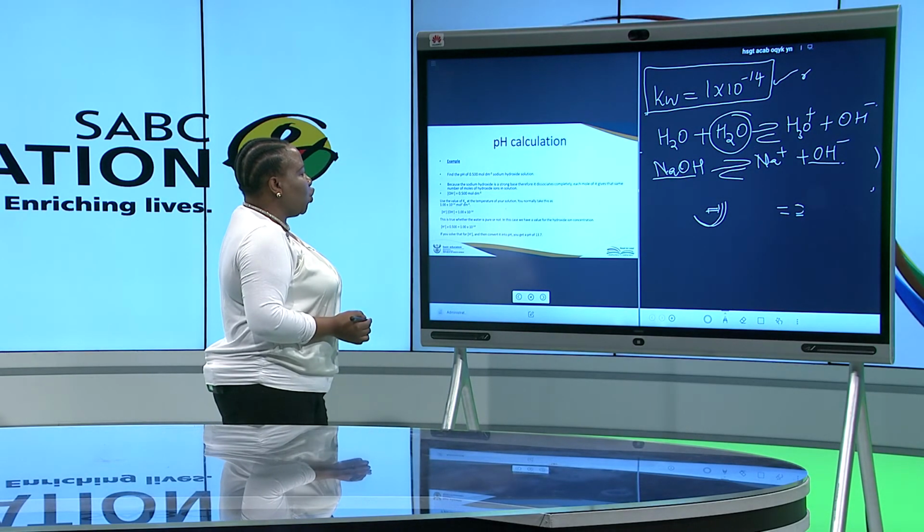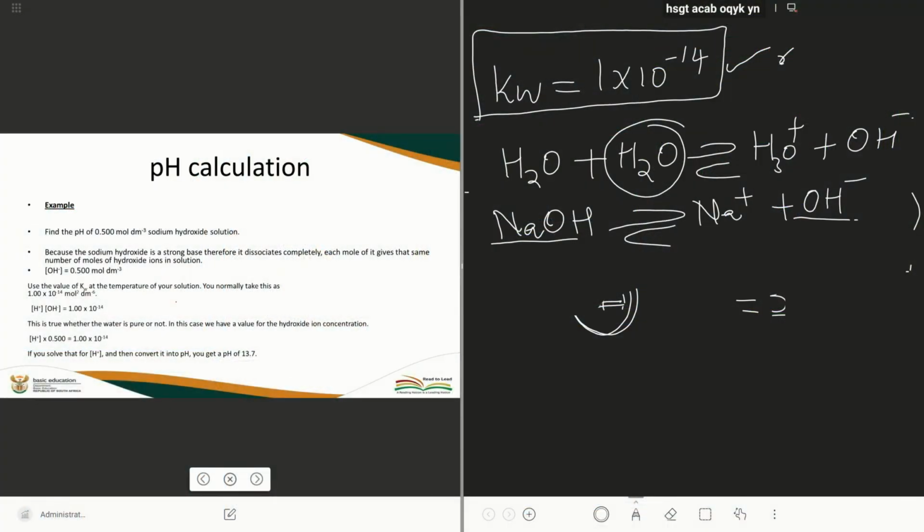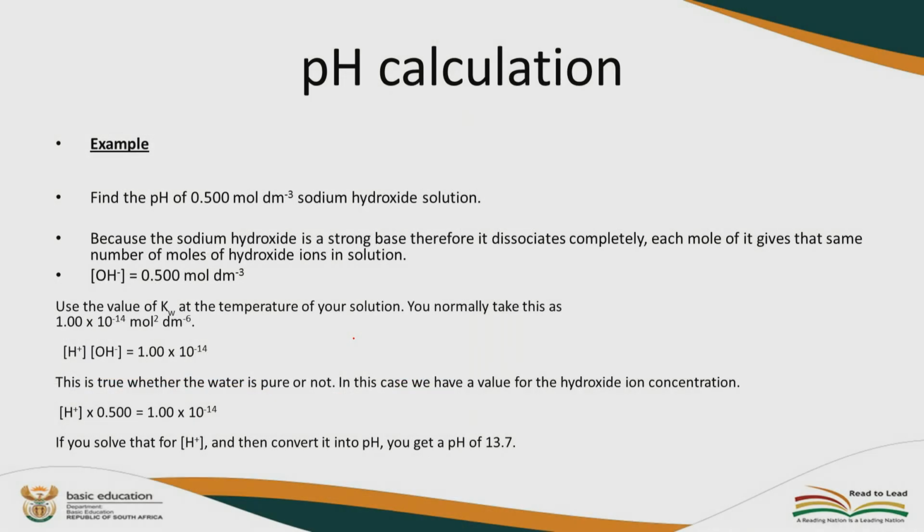Let's say you are told to find the pH of 0.5 mole per decimeter cube sodium hydroxide. For the mere fact that sodium hydroxide dissociates completely, if the concentration of sodium hydroxide is given as 0.5, that automatically means that the concentration of hydroxide ions is also 0.5 because of the nature of sodium hydroxide being a strong base.